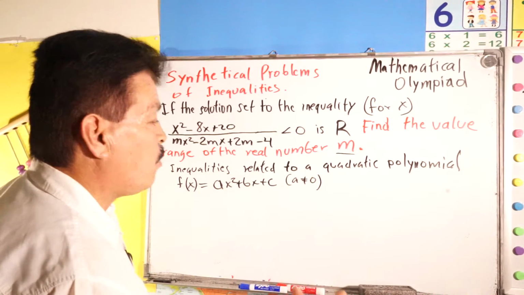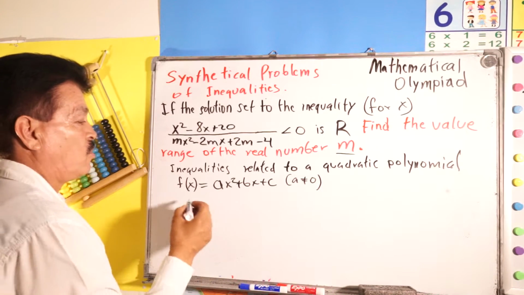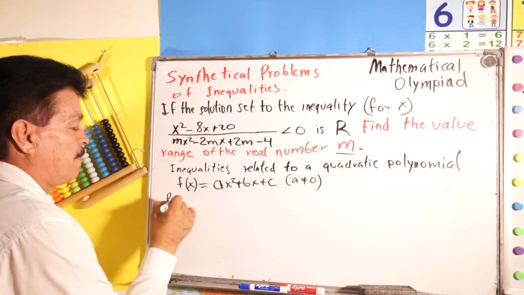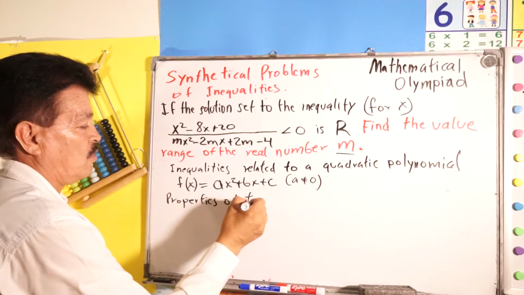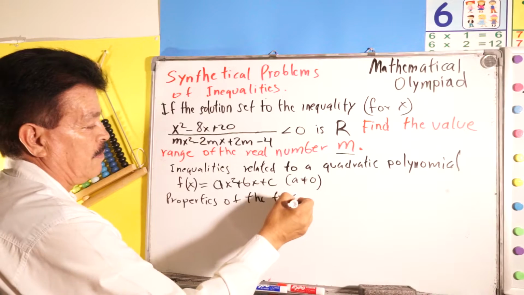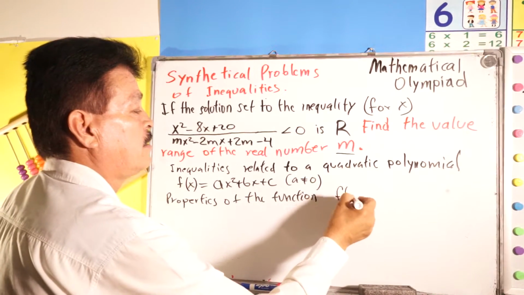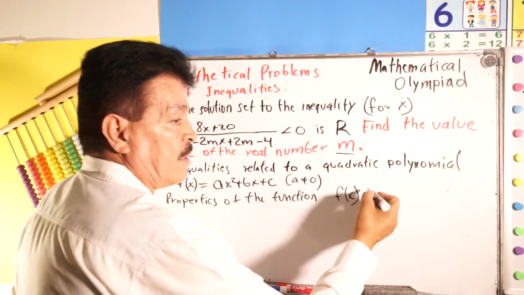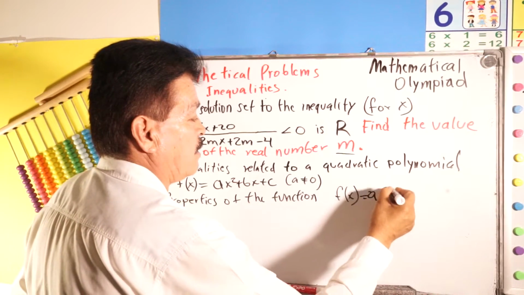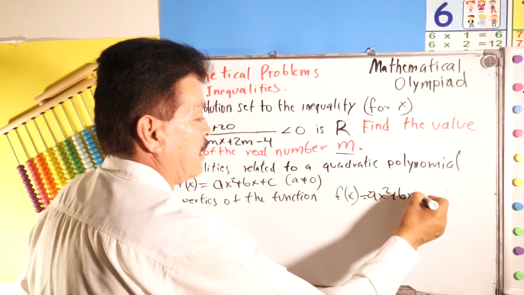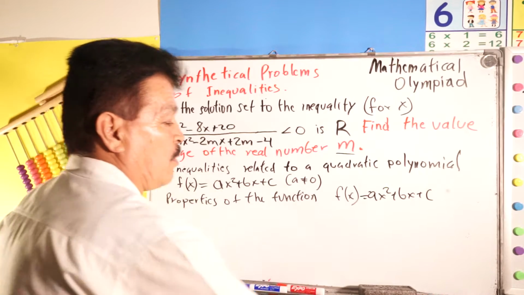We have some properties for the function f(x) = ax² + bx + c. Let's write some properties.